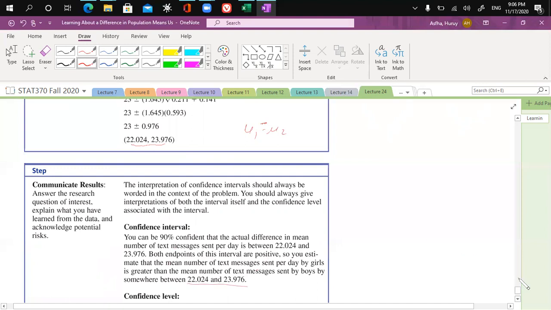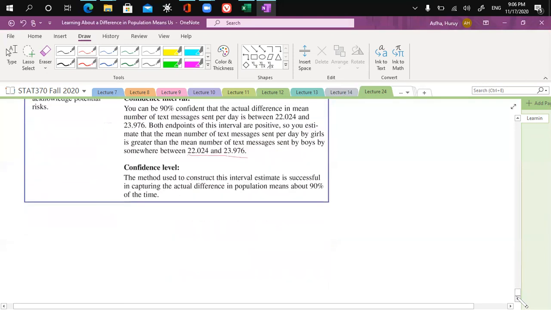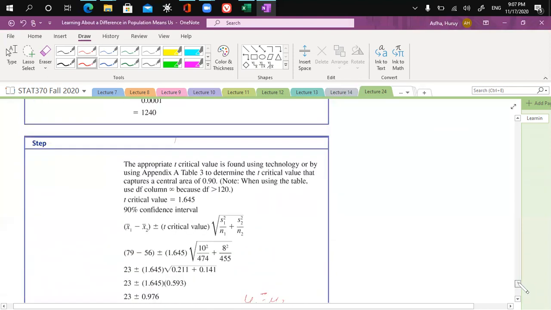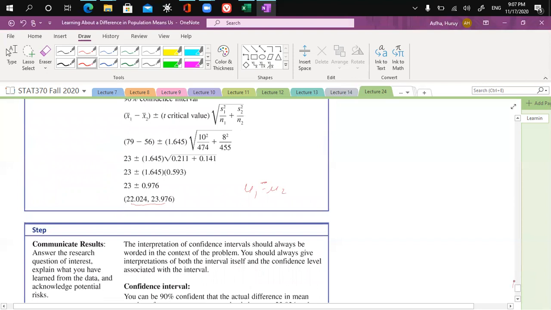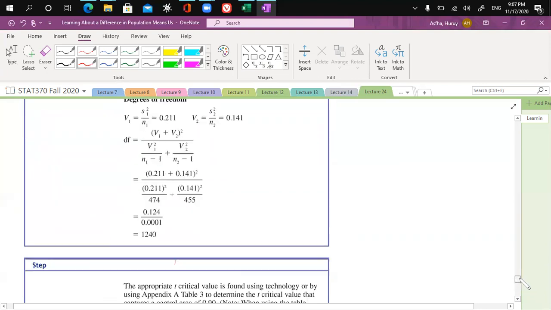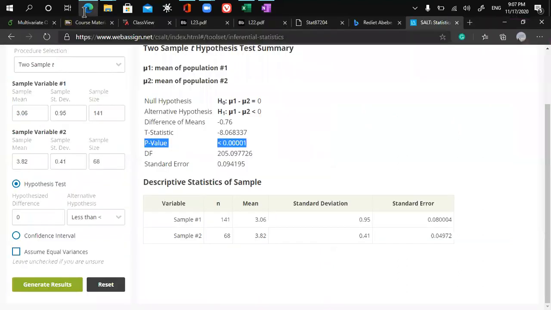So these are the two types of inferences. And for this example, again, let's use this, and we will change both of them.